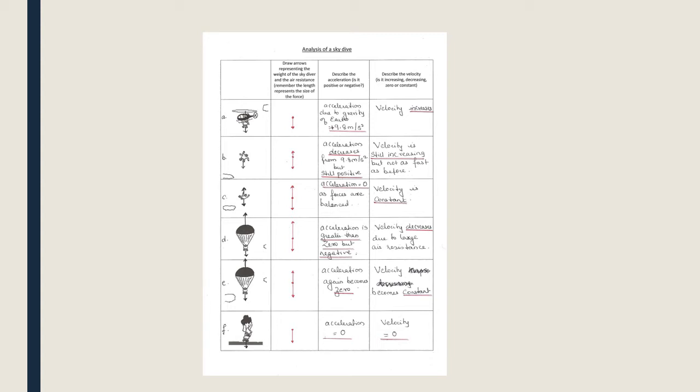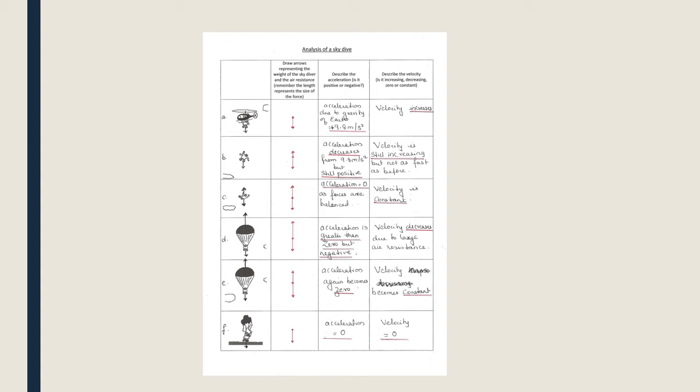So now what happens to the acceleration? Now something is pulling the skydiver in the opposite direction. So you have to calculate the resultant force acting on the skydiver, which will be less than what was acting before. In stage A, the resultant force acting on the skydiver was just his weight.